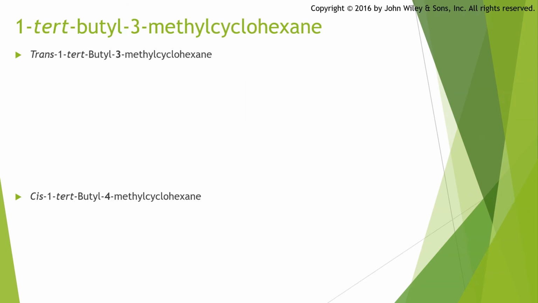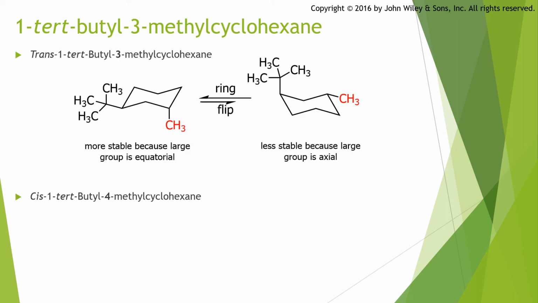So let's look at a different one. 1-tert-butyl 3-methylcyclohexane. So our previous example was 1,4 substituted. This one is 1,3. So ideally, the tert-butyl group would be in the equatorial position. And since this is a trans molecule, I'm going to count 1, 2, 3 carbons away. I need to put a methyl group on this carbon pointing in the opposite direction of my tert-butyl group.